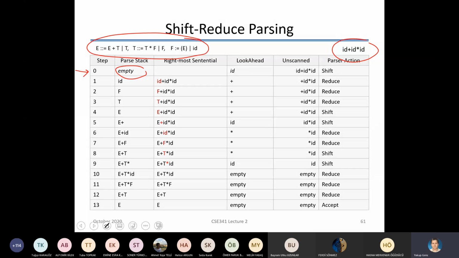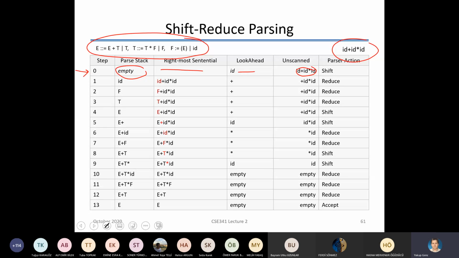This is the one look ahead, the next symbol that I want to consume from my input. And this is the unscanned part, the right part from the look ahead to the right, the part that is not scanned yet.